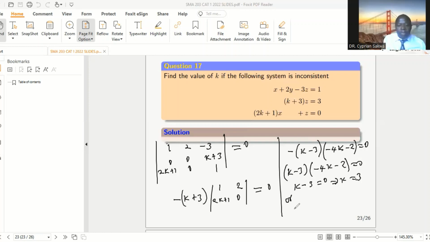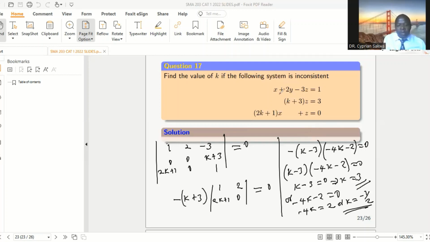Or I also have negative 4k minus 2 equals 0, which implies that negative 4k is 2, or that k is negative 1/2. So those are the two values of k that will make this system inconsistent. If k is negative a half, the system will be inconsistent. And if k is 3, the system will be inconsistent. That is one way of doing this question.